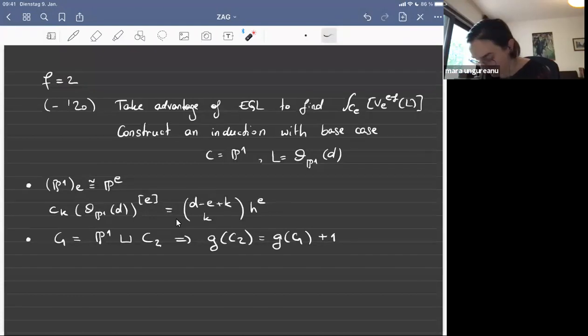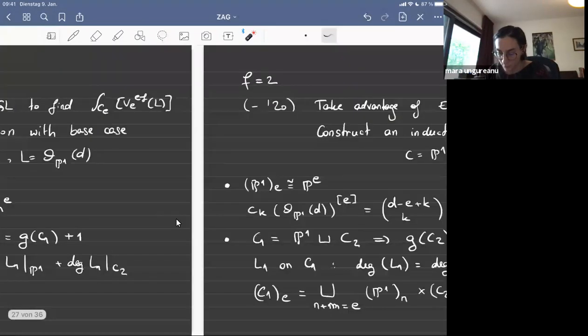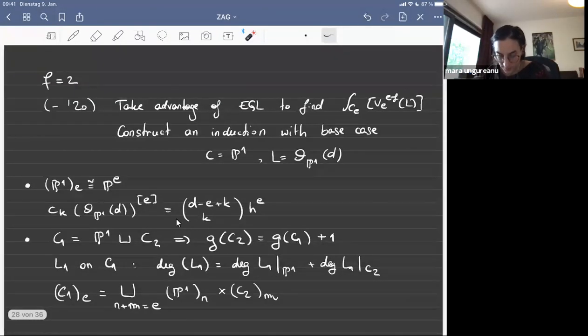So very good. I can go up and down in genus. And also, if I have a line bundle on this curve C1, then the degree is also going to split like this. So that's also very good news. I can also go up and down in degree. I also need to understand what the symmetric product of this kind of thing looks like, but that's also not too difficult to see.